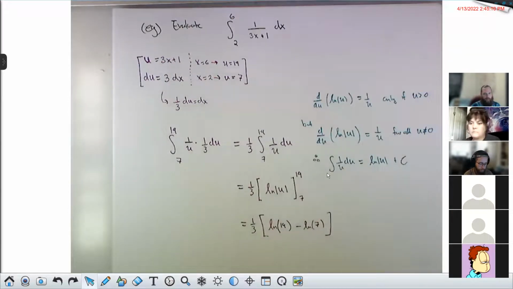So anytime I'm integrating 1 over u or 1 over x, I always write the absolute values, at least in the first line. And then if the context of the problem makes it clear that you don't need the absolute values, like here we're going from 7 to 19, those are all positive numbers, then I can get rid of the absolute values in the next line. But just to make sure that my reader knows what I'm doing and what I'm applying, I think it's nice to do.